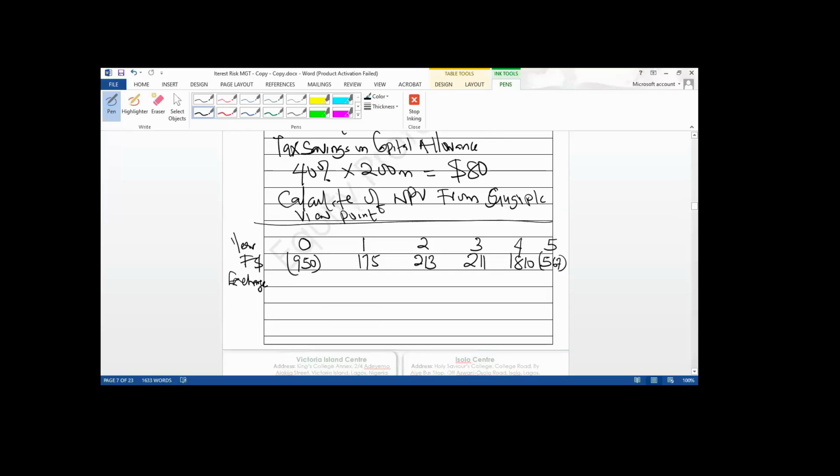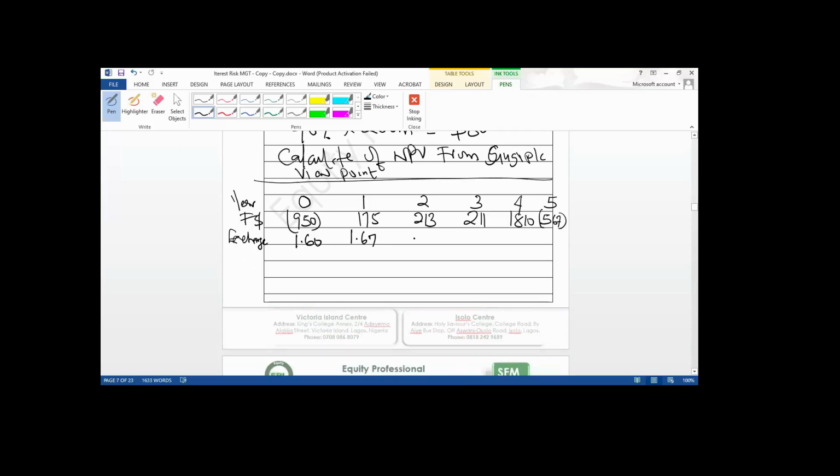Exchange in year 0, 1.60, 1.67, 1.74, 1.81, 1.89, 1.97.